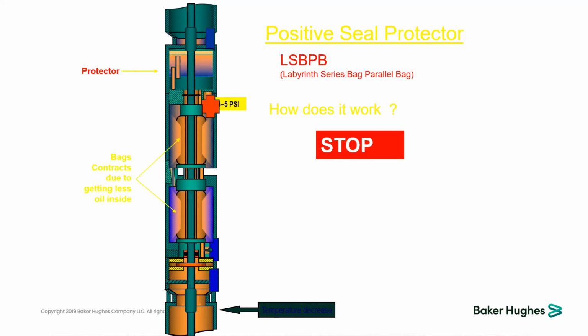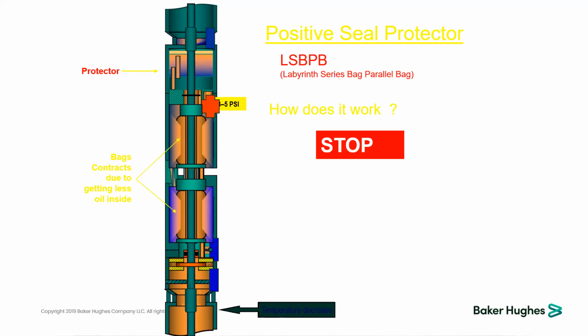So the seal section provides a long run life through the reservoir of oil that can compensate for the loss of motor oil to the wellbore. Without the seal section, if you have just the motor connected to the well fluid, it will contaminate with the well fluid and also will have no compensation for the lost oil due to expansion of the motor oil due to the heat.